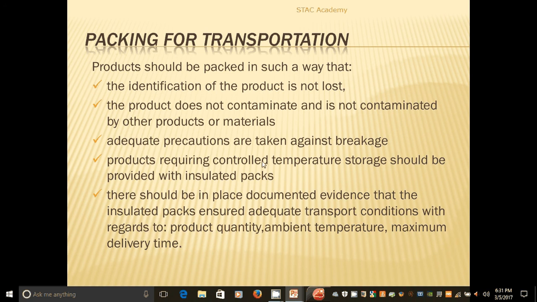Products requiring controlled temperature storage should be provided with insulated packs. There should be in place documented evidence that the insulated packs ensured adequate transport conditions with regard to product quantity, ambient temperature and maximum delivery time.